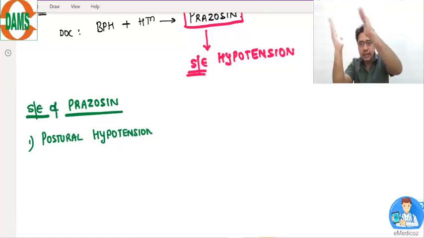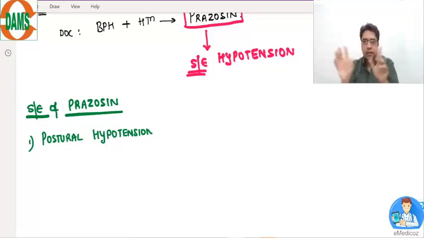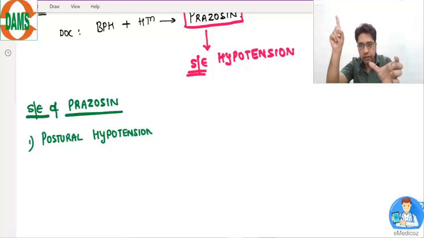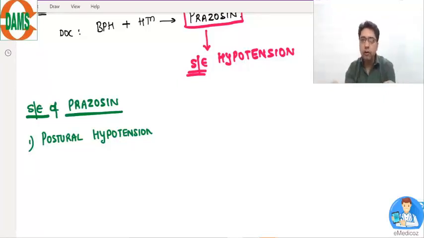Now if you stand up, the blood vessels are blocked by alpha receptor blockade. The blood vessel will not constrict, it will remain dilated. The blood will not move upwards toward the heart and brain. The blood pressure will fall down. Hence it is known as postural hypotension.